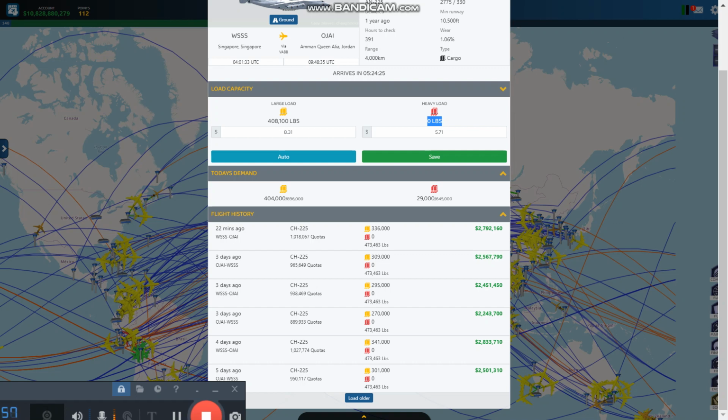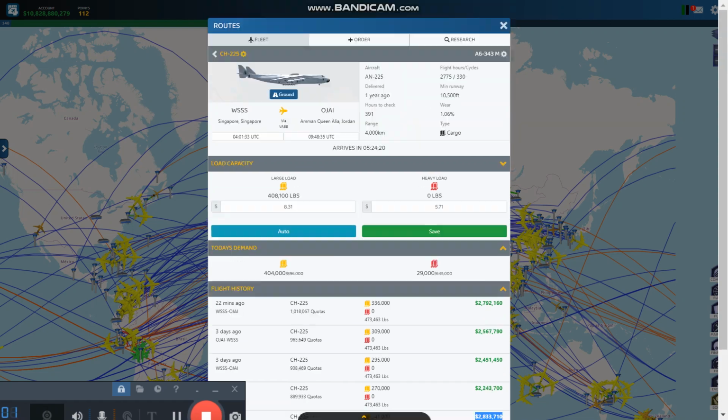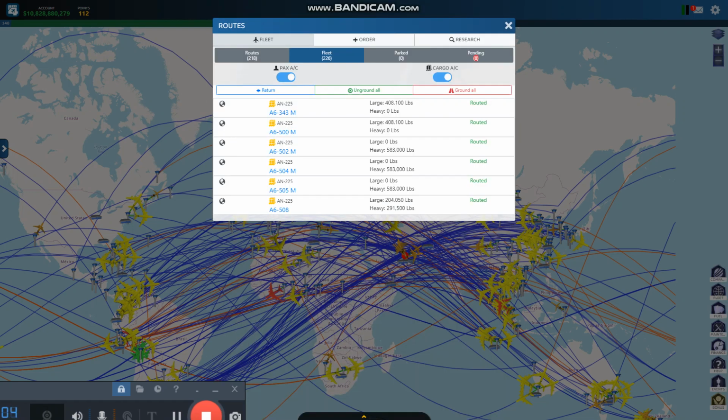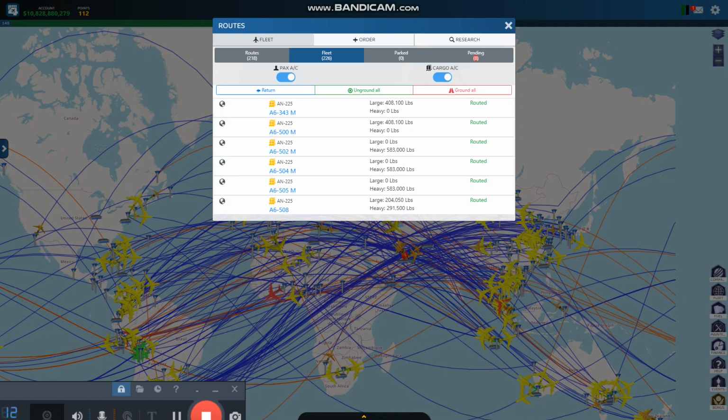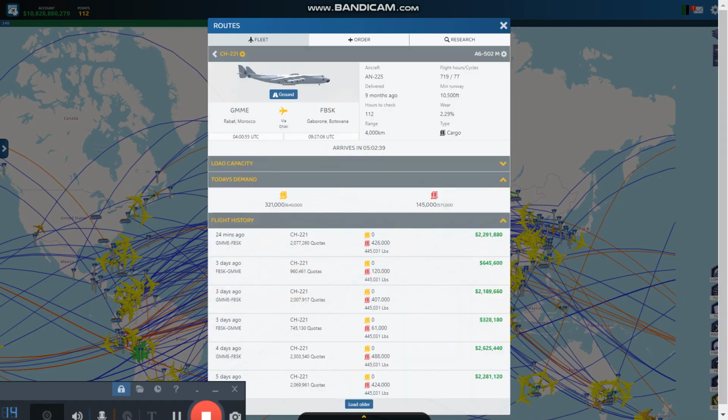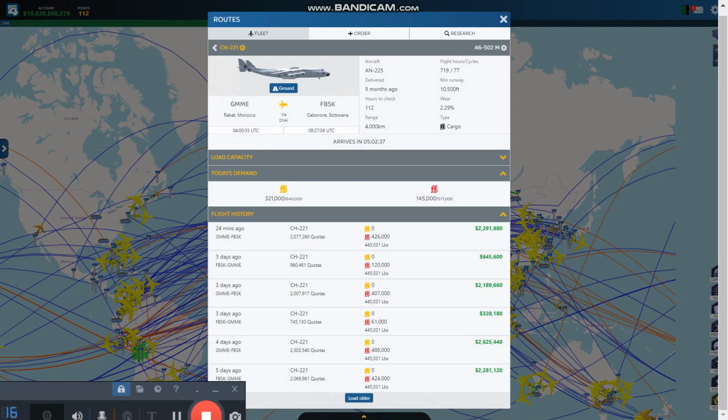So we'll look at some of these numbers. The best case, I got 2.8 million. And in this one, the best case, 2.7 million. With this one, 2.6 million.